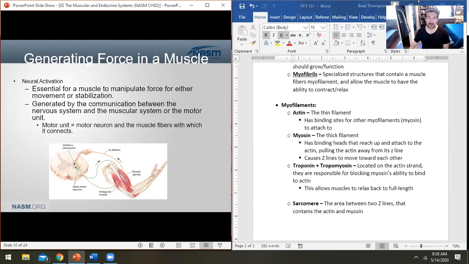And that's really a lot of what we're talking about when we talk about overactive versus underactive muscles here. So we're going to go through this. This is not super relevant to this course. I mean, we always review this stuff, the sliding filament model and neural activation.